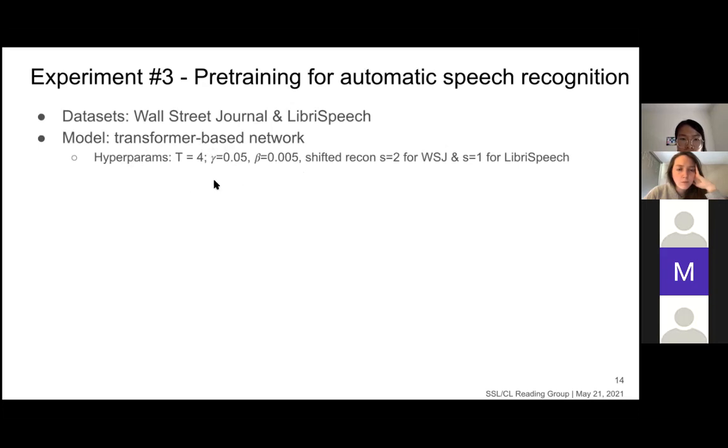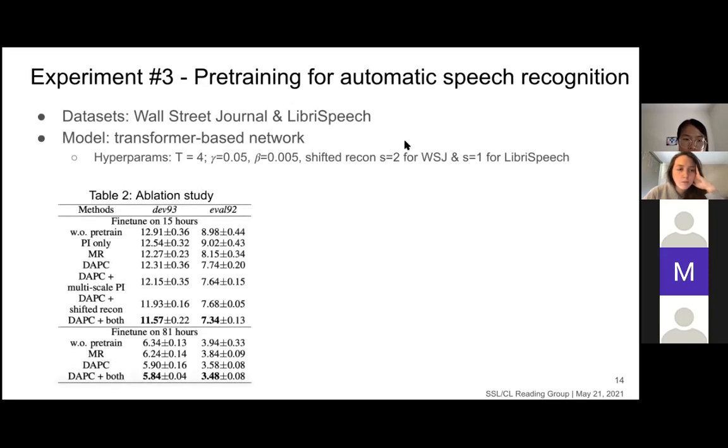You will notice that here they actually use shifted reconstruction instead of a non-shifted reconstruction. They also did some ablation studies to compare different variants of their methods.